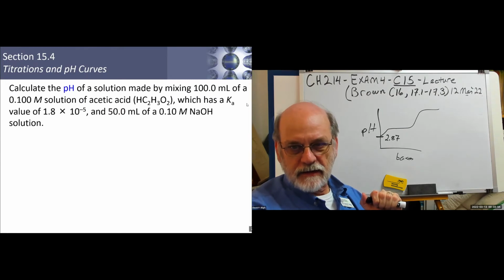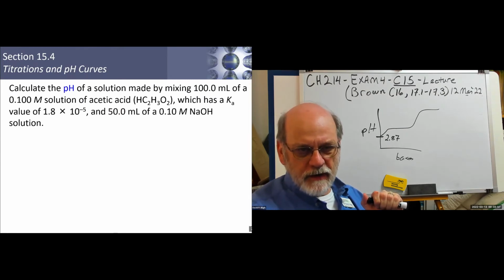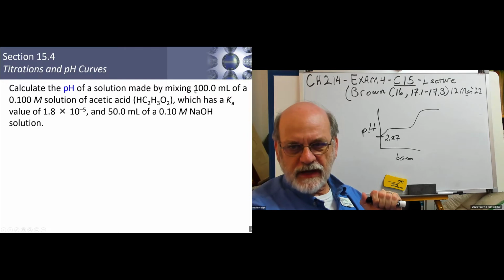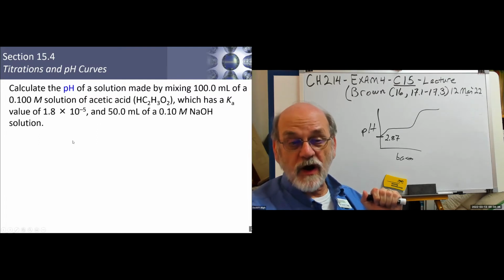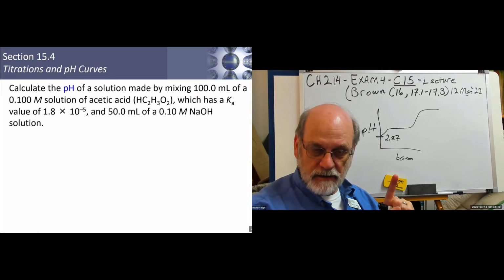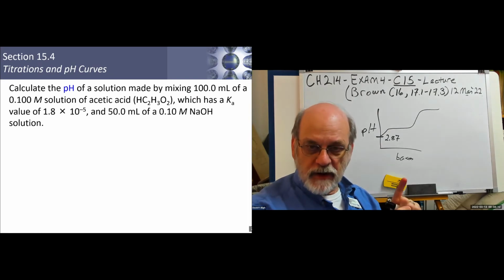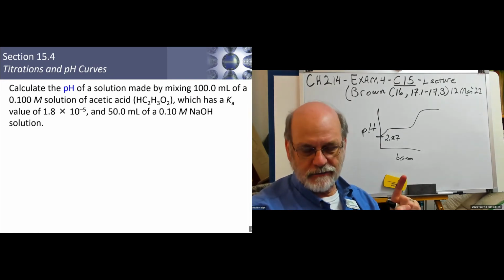All right. So let me see, what do we have here? We're mixing 100 milliliters of 0.1 molar acetic acid and 50 milliliters of 0.1 molar sodium hydroxide. Remember that equilibrium is based upon concentration.